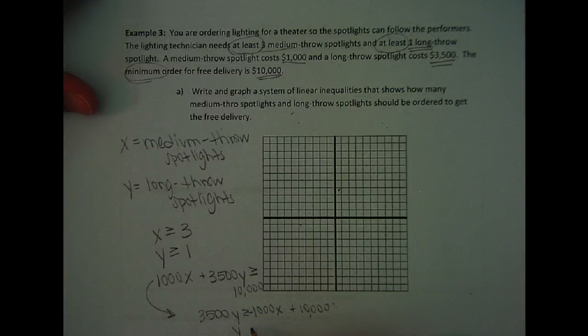That's going to leave me with y is greater than or equal to negative 10 over 35x plus 100 over 35.